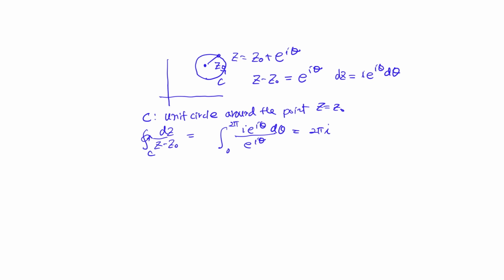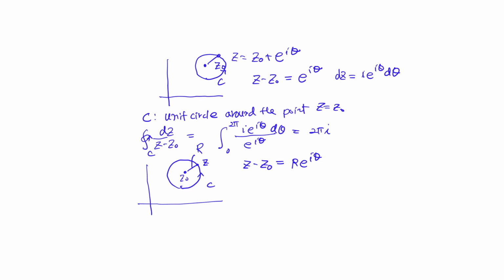When C is a circle with the radius r, in this case this is r, then z minus z naught is r exponential i theta, right?